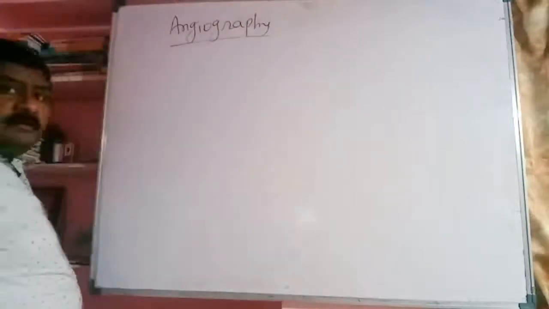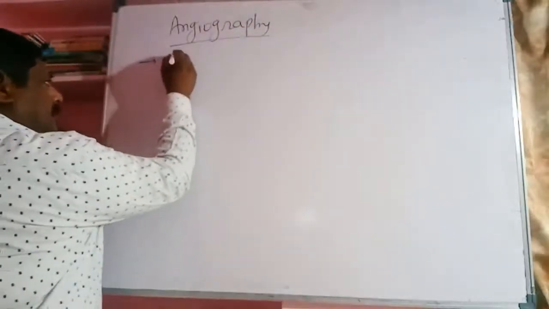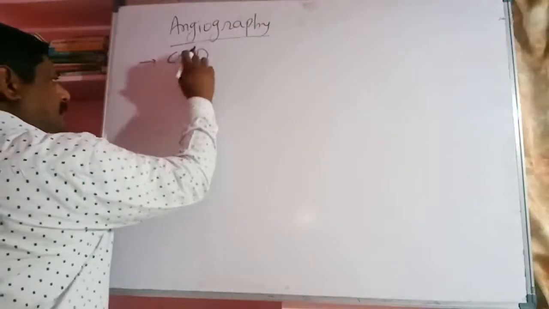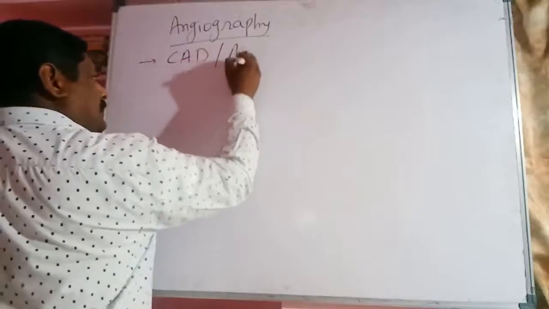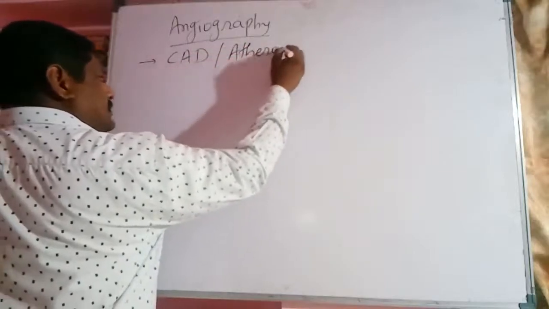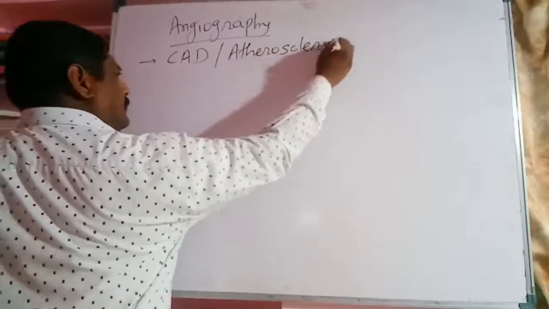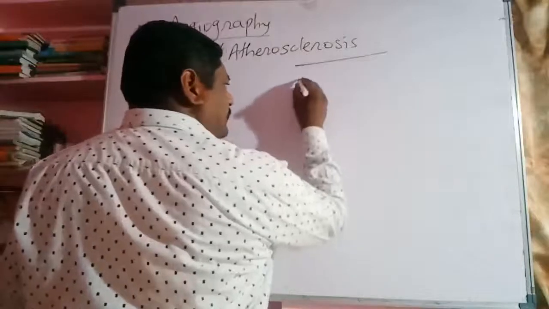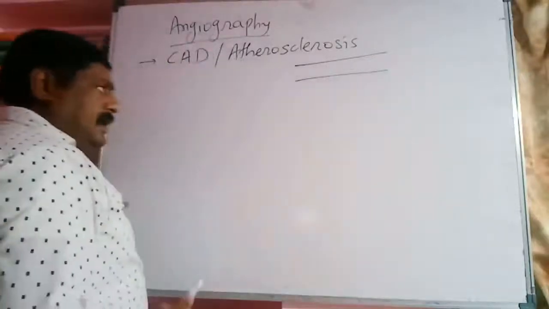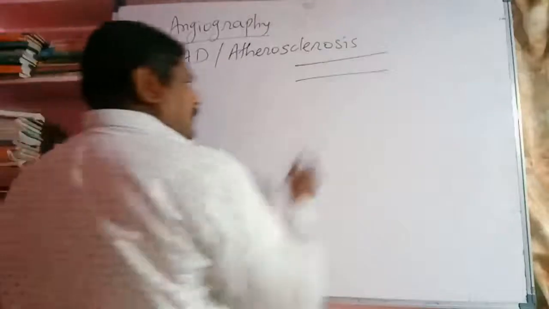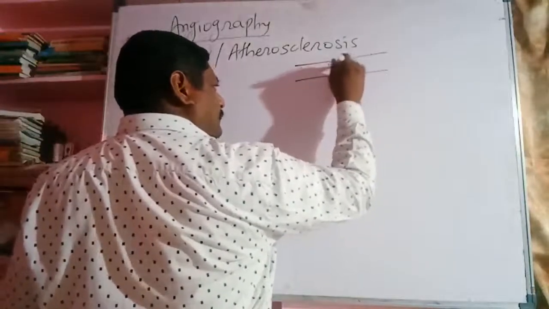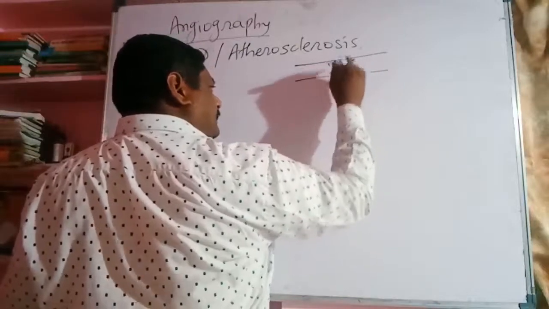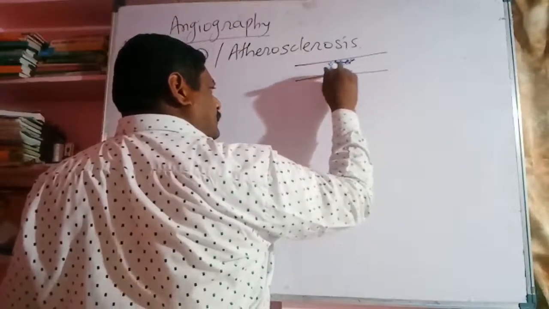We studied earlier that coronary artery disease, also called atherosclerosis, is a condition in which there is a deposition of fat, cholesterol, calcium, and fibrous tissue in the inner wall of the artery.